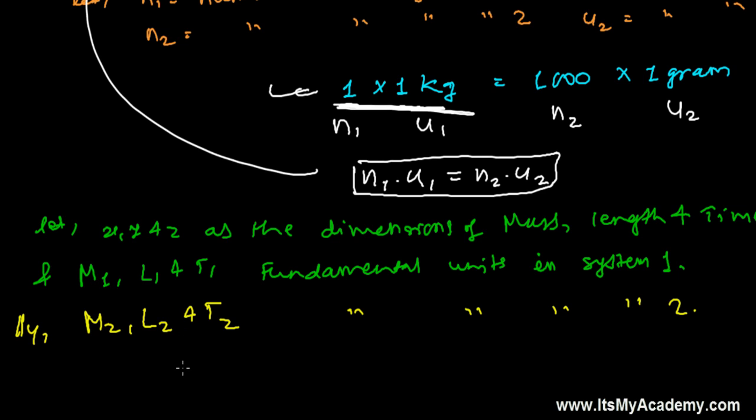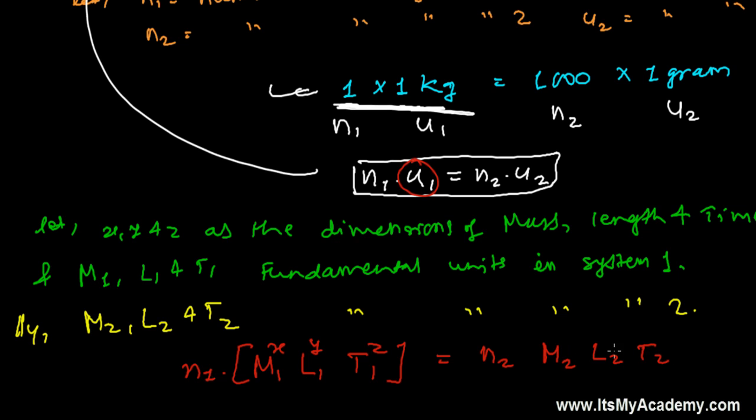So in that case it will be n1 times u1, where u1 is the fundamental units of system 1, so those are m1, l1, and t1, and the respective x, y, z are the dimensions. And similarly, n2 is the numerical value in system 2, and m2, l2, and t2 are the fundamental units of system 2, so their dimensions are also x, y, z.